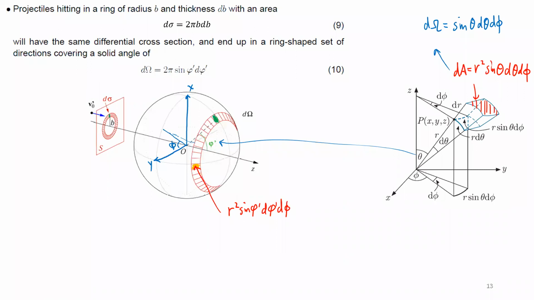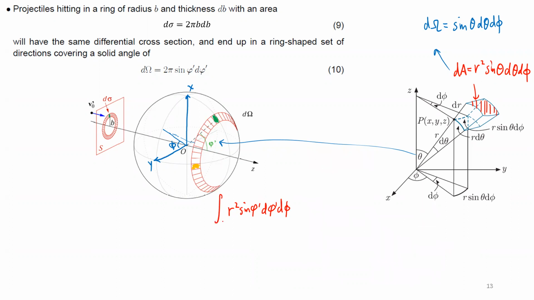Now, what about the entire area of this whole thing? What do I need to do? The entire area would just need an integration over this phi angle. So let me just remove that arrow.